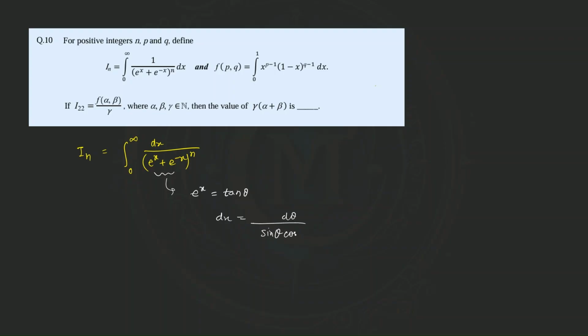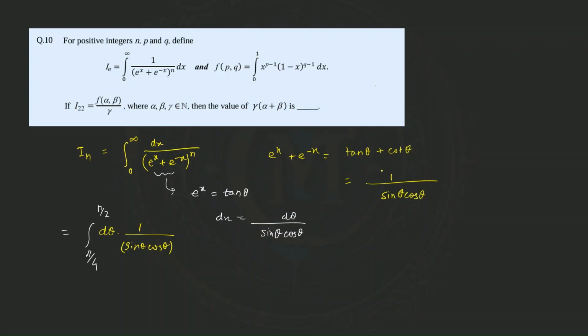So we get I_n equal to, when x is 0, tan theta is 1, meaning theta is pi by 4, and when x is infinity, theta is pi by 2. So this will be d theta, then 1 by sine theta cos theta, and then e^x plus e^(-x) will be tan theta plus cot theta.